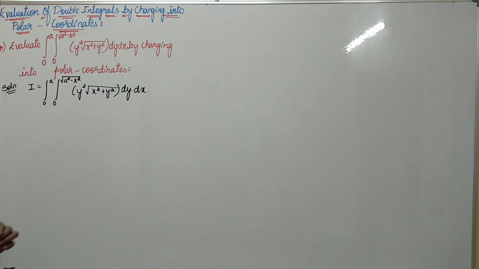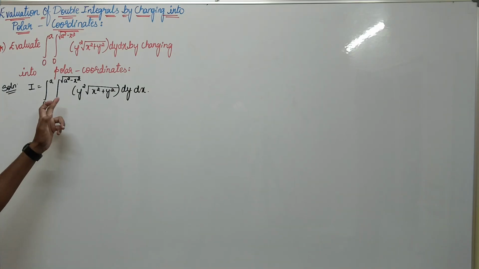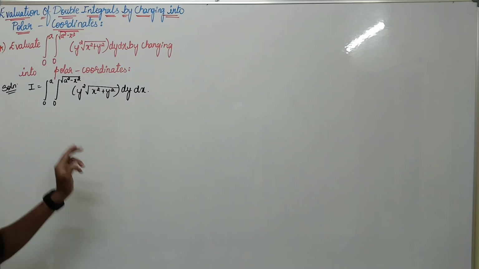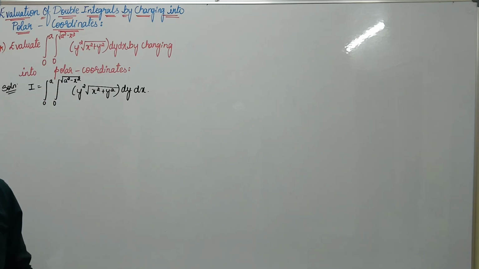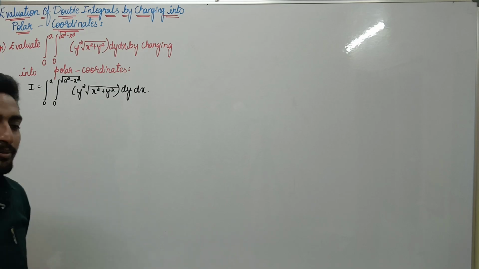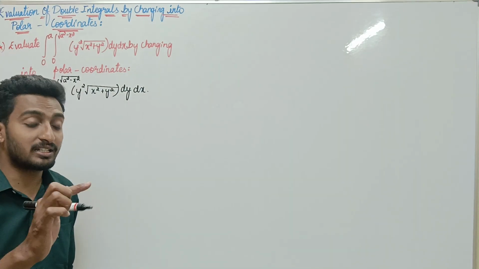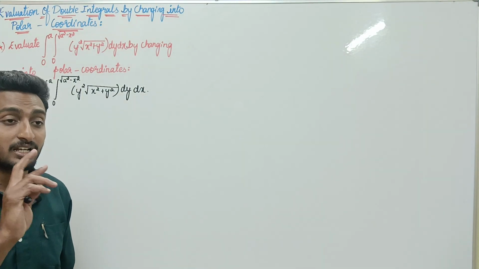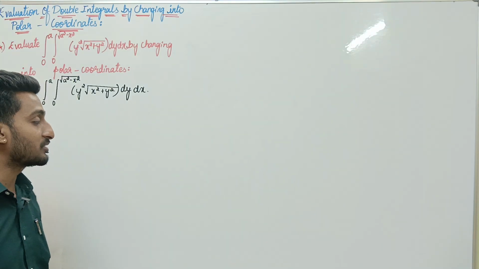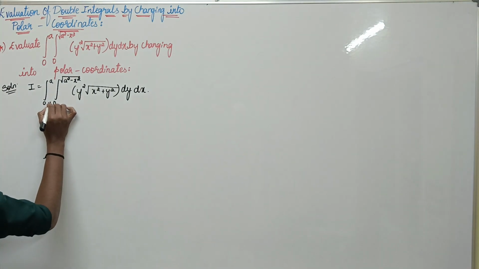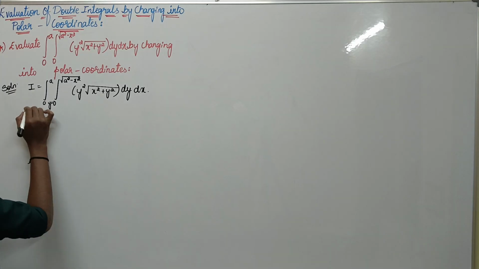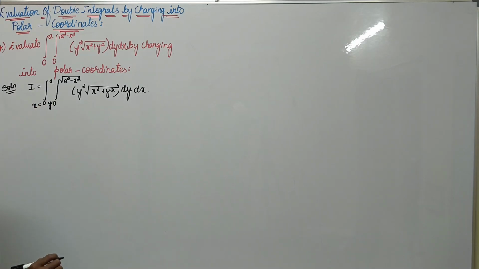Now, since the inner integral is defined from 0 to root a square minus x square, the limit is defined with respect to x. So, I am going to integrate strictly with respect to the opposite variable, that is y. Got the point? Now, the remaining variable is x.